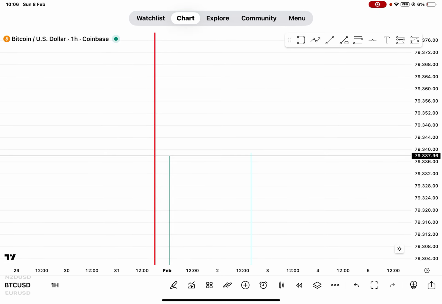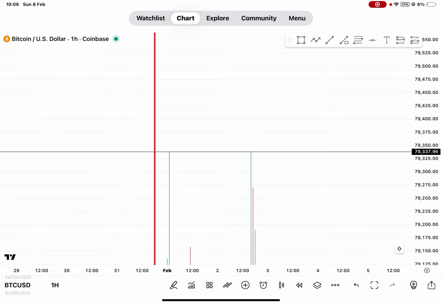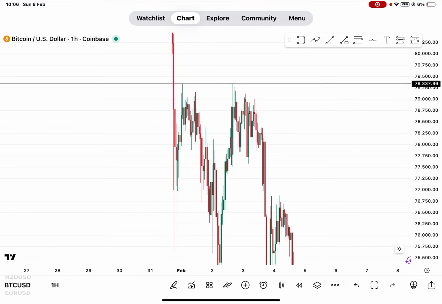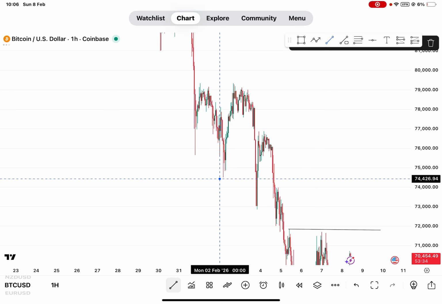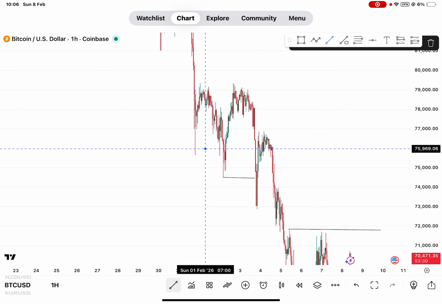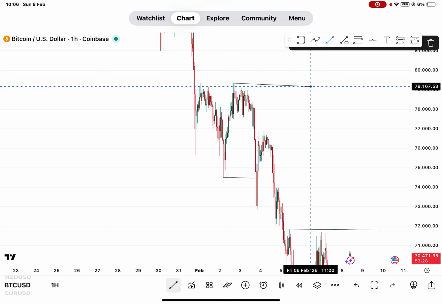I hope you can see it properly now. There was a sweep of that particular liquidity in the market, we saw this push, the break of this level, and that tells you that these are actually our protected highs in the market.